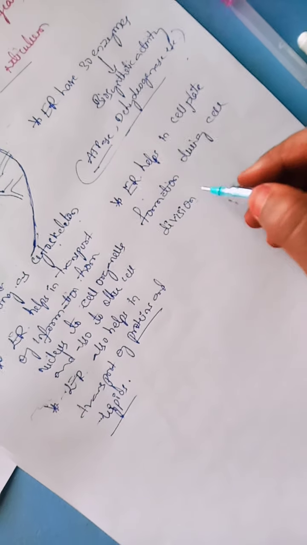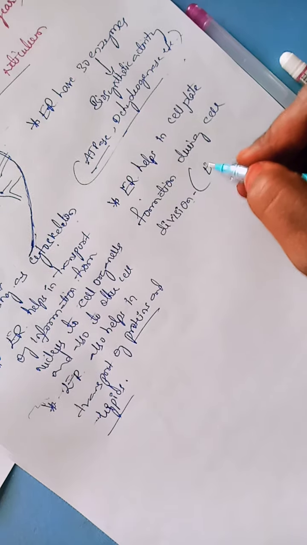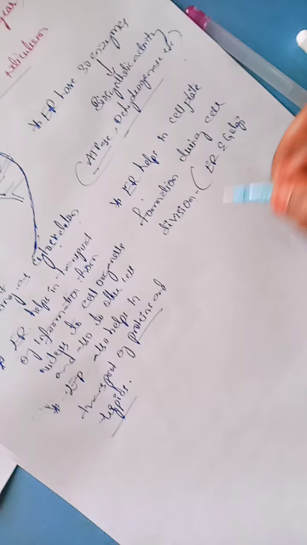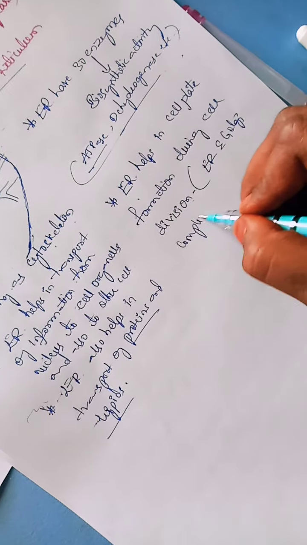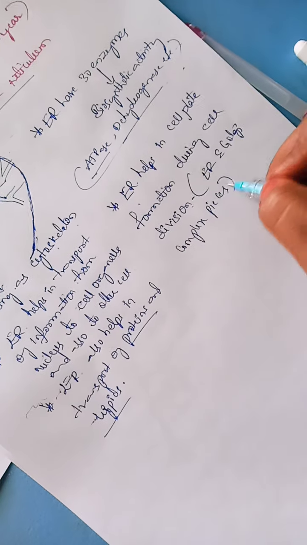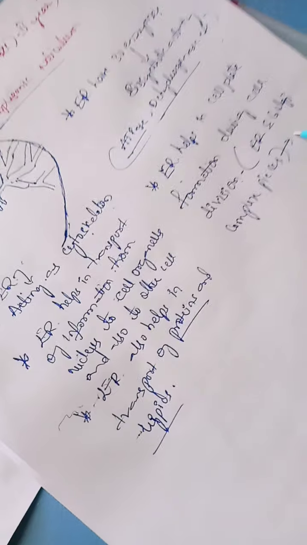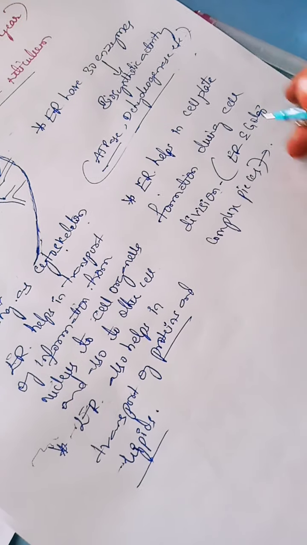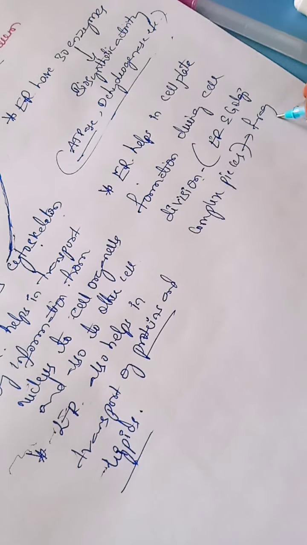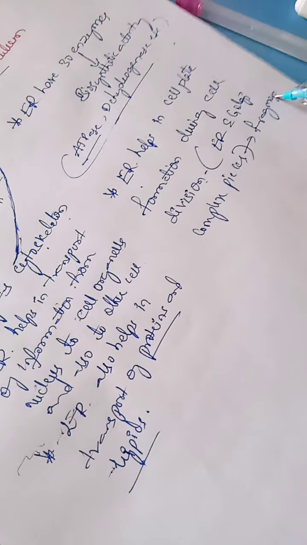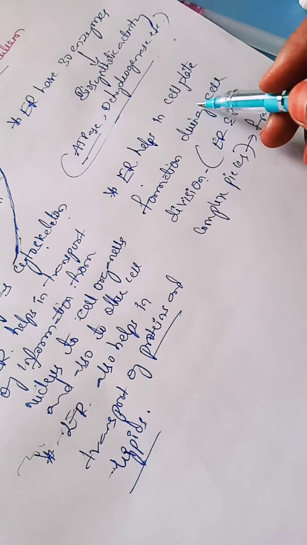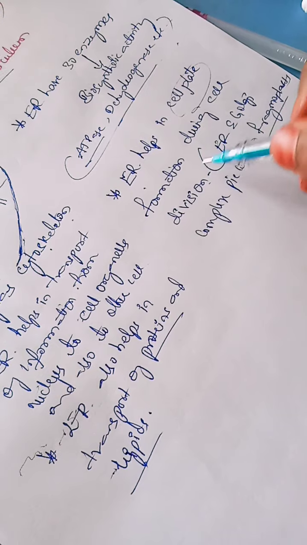Not only ER, remember, pieces of ER and Golgi complex will take part in the formation of the cell plate. These pieces of ER and Golgi complex are called phragmoplasts. These phragmoplasts will help in the formation of the cell plate during cell division.